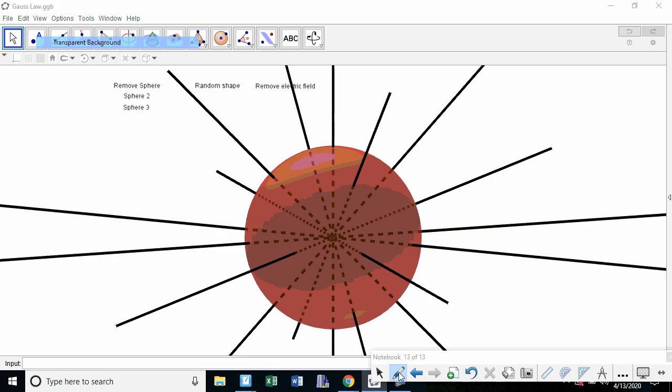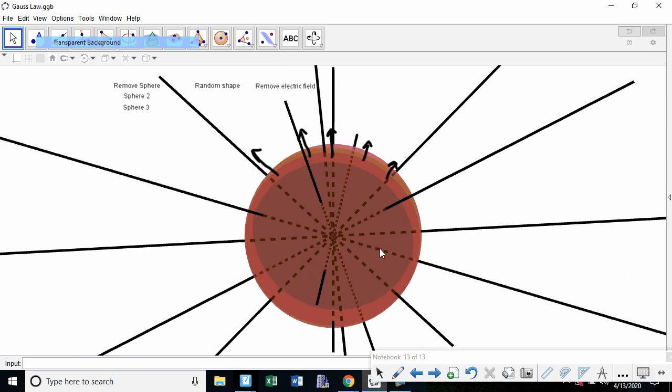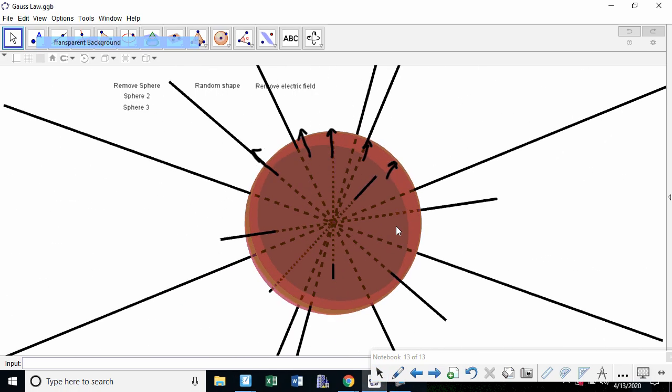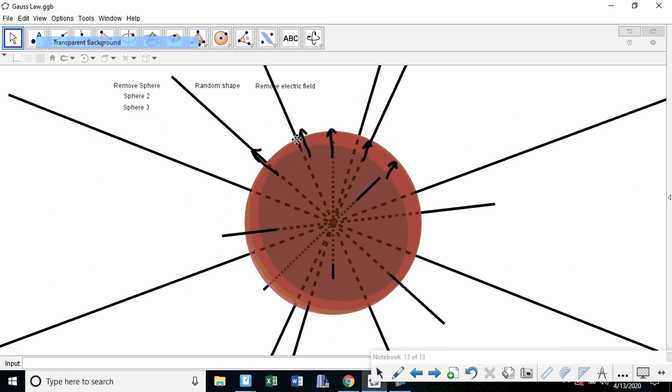Now you notice that in all space, the area vector and the electric field are already parallel. So everywhere, even in 3 dimensions, all throughout this sphere, the area vector and the electric field are going to be parallel. So that means that over this entire surface of the sphere, E dot A contributes everywhere.